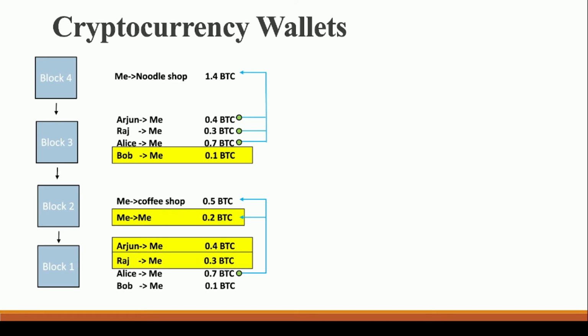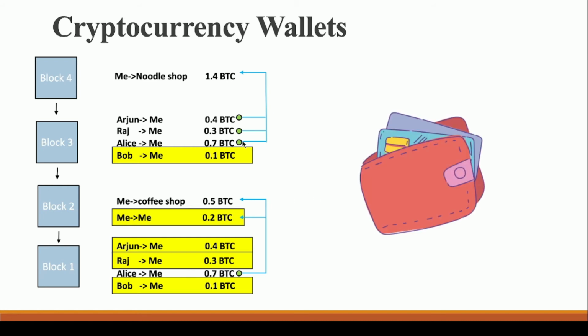The Arjun to me, Raj to me and Bob to me transactions are those where I was the receiver and I haven't used them up. While these green circles you can see here are the used up transactions. They definitely belong to the blockchain, but we do not care about them, right? Because now we have used all these transactions.